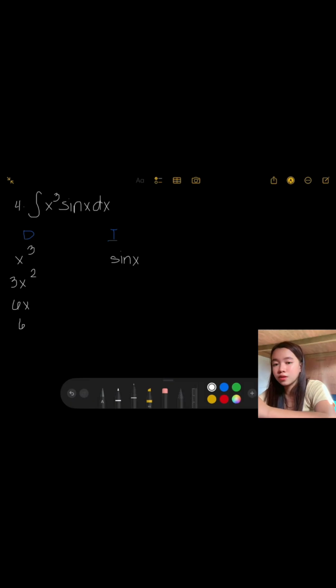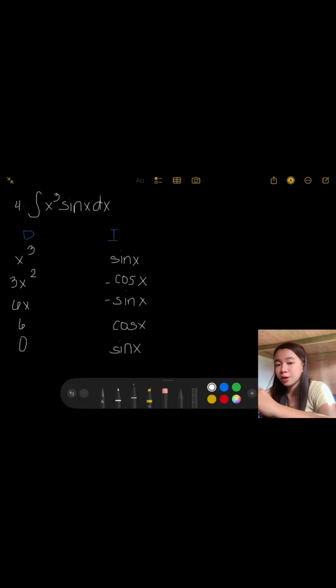And the derivative of 6 is 0. So the integral of sine x is negative cos x. The integral of negative cos x is negative sine x. The integral of negative sine x is positive cos x. And the integral of cos x is positive sine x.